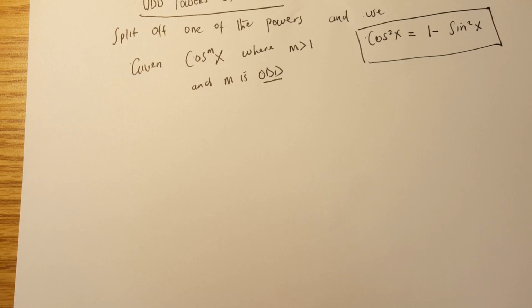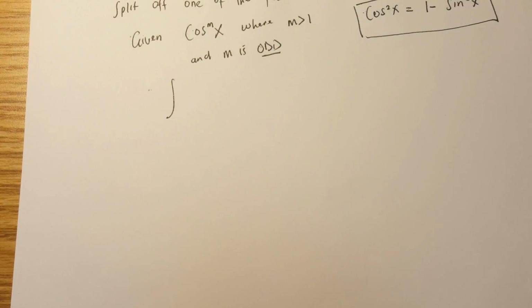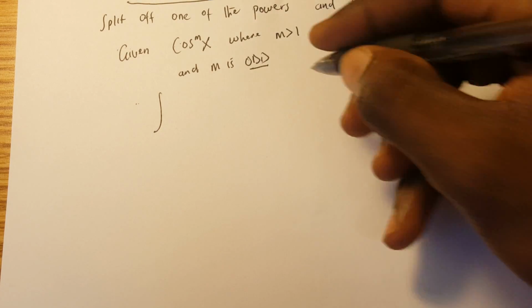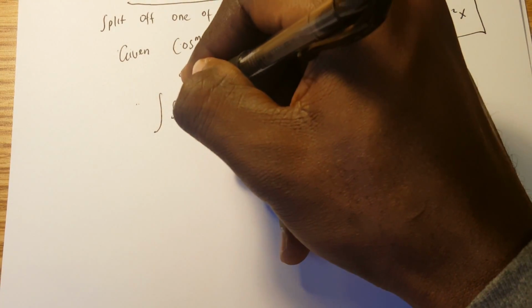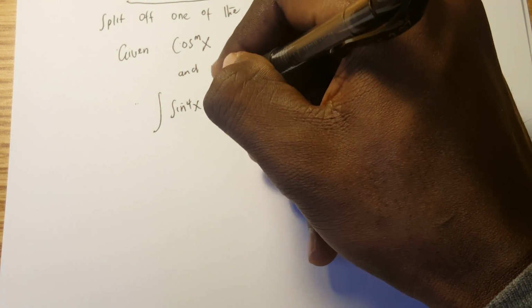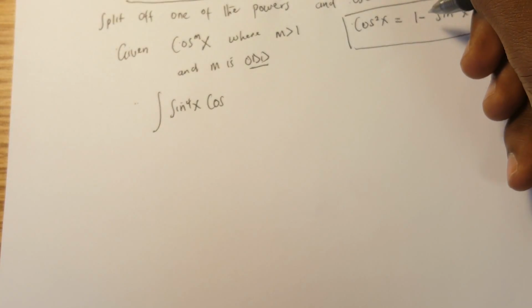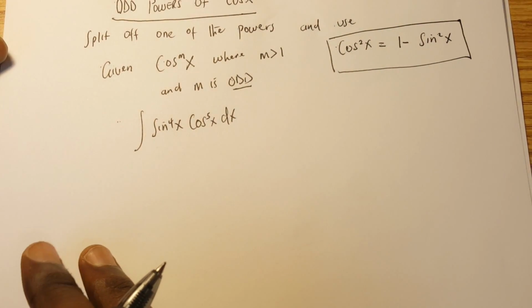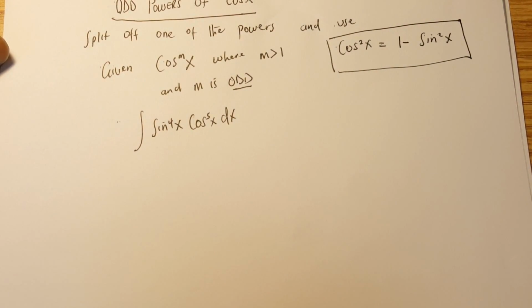In this problem, we've been asked to solve the integral of sine to the 4x cosine to the 5x dx. The moment you see this, you should look at the powers.